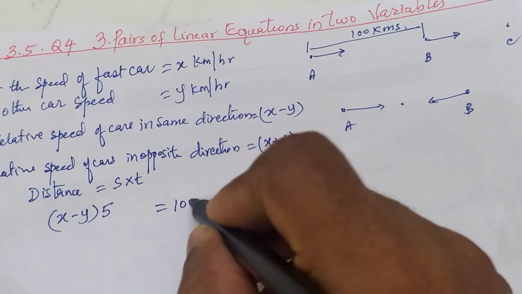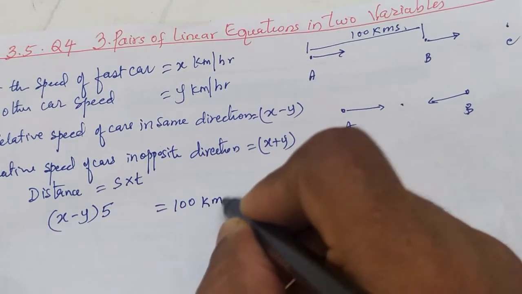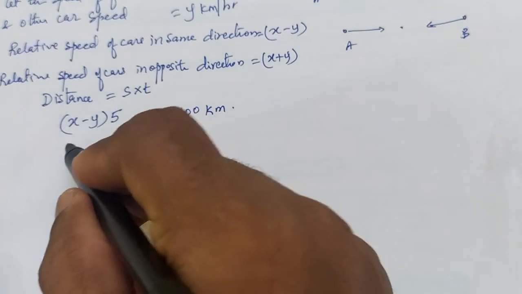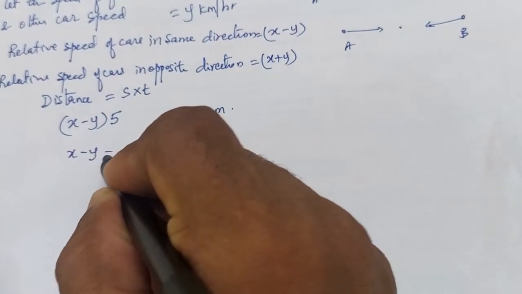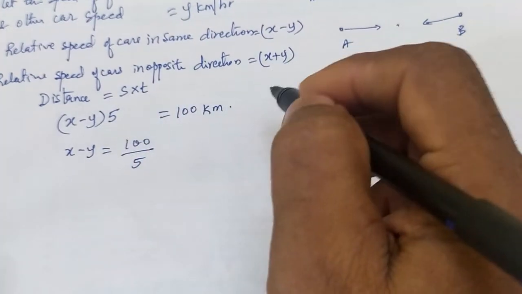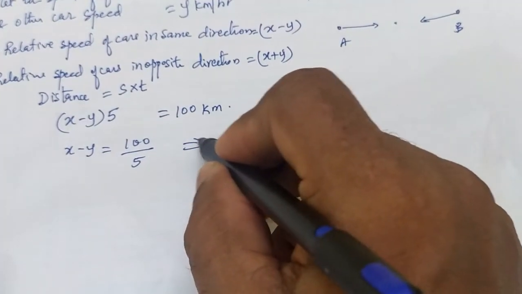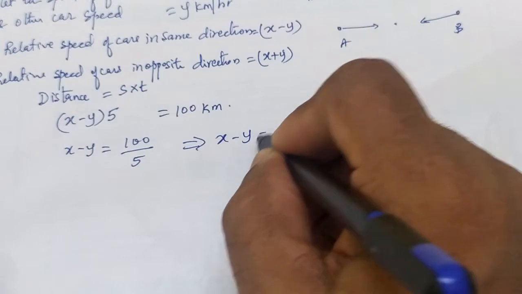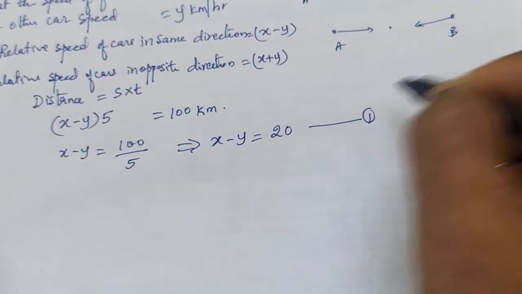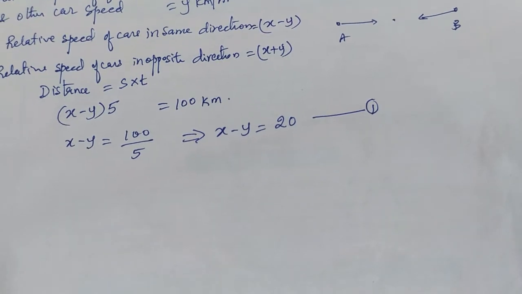They meet and the distance between them is 100 kilometers. So this x minus y will be 100 upon 5. So from this x minus y is 20. This is the first equation.